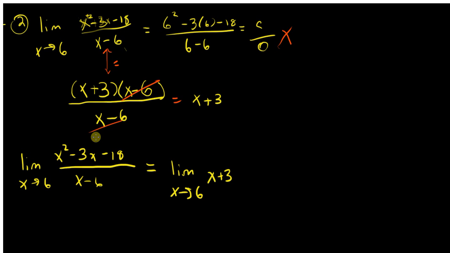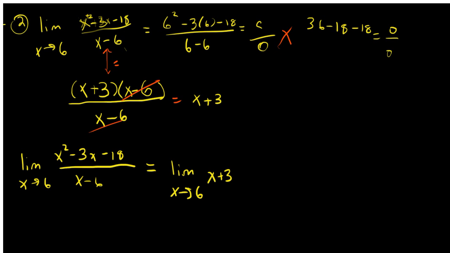And if you're taking a test on this, please don't say the limit is 0 over 0. Plugging in 6 gives 36 minus 18 minus 18, which is 0 over 0. So don't write that as the answer.